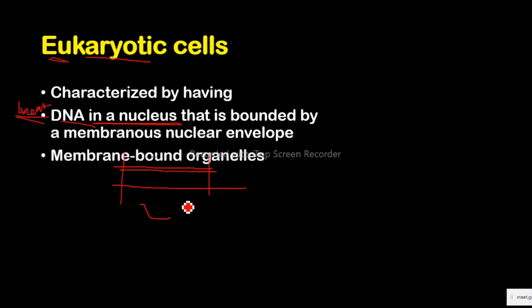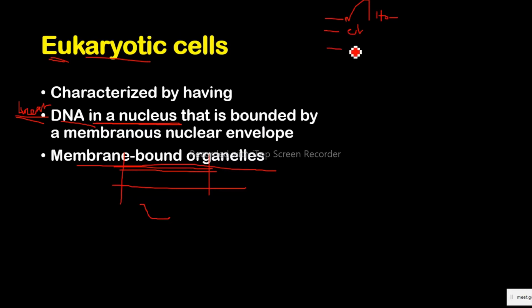Then another characteristic is that they do have the membrane-bound organelles. The double membrane-bound organelles. For example, you find a mitochondrion within an eukaryotic cell, but you can't find it in a prokaryotic cell. You find a chloroplast within an eukaryotic cell, but not in a prokaryotic cell.